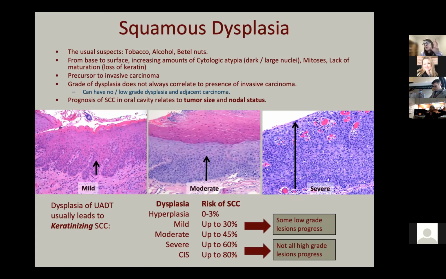I think the problem is, when you have a mild dysplasia in a patient that has field effect, boy, that could cover their whole mouth. So what are you going to do? Scrape? How far do you go? That's part of the problem.